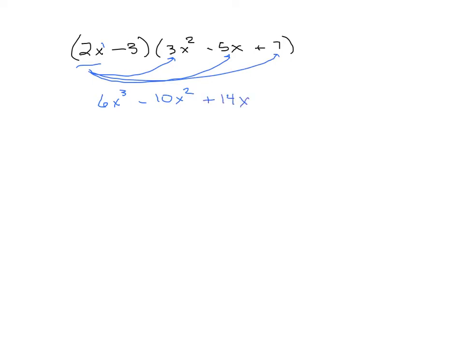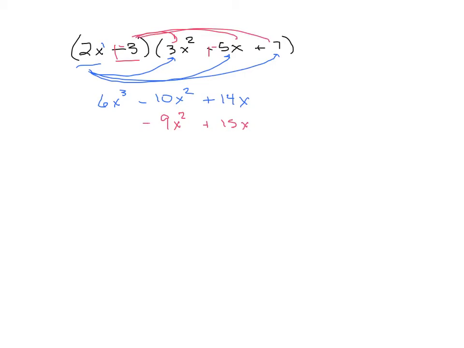Now we'll take the second term and we're going to multiply it by each of them. Again, this is a plus negative, so we're going to have a negative there. We'll make this one a plus negative 2. Negative 9x squared. Now this is a good time to line it up with the other x squared. So we have negative 9x squared. A negative times a negative is a positive 15x.